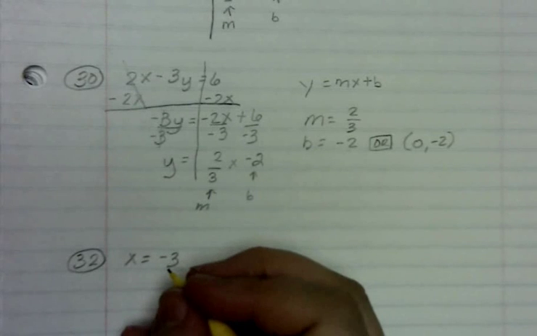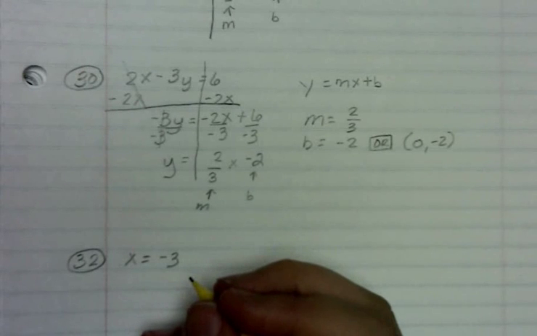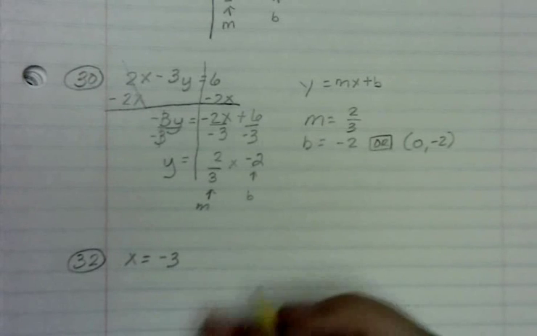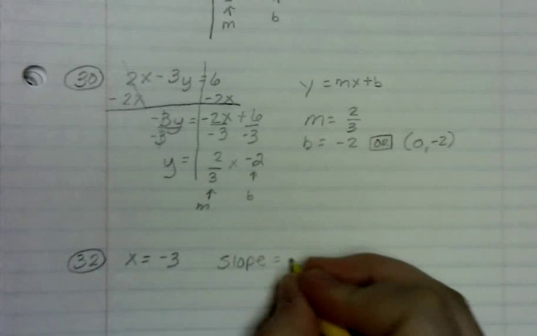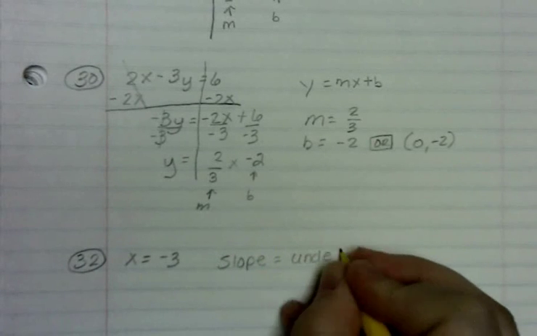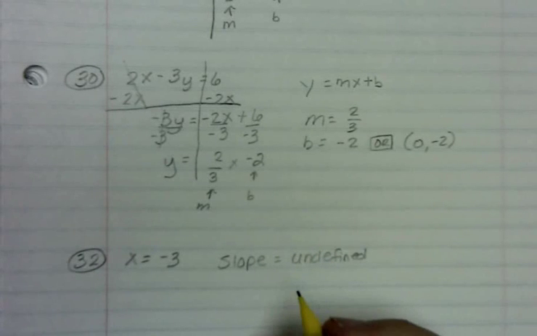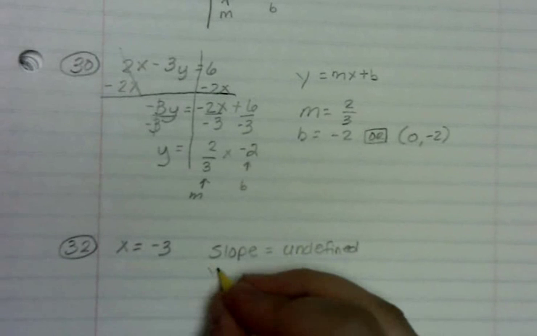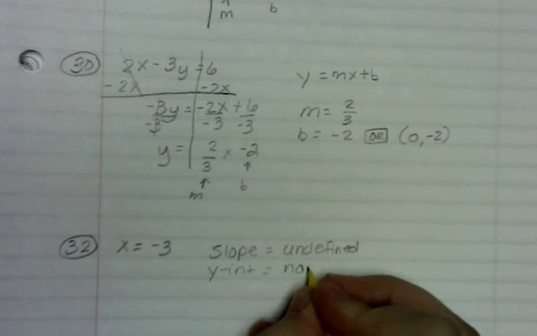However, we need to know that whenever we have x equals a number, your slope is always undefined. And you're never going to have a y-intercept, so we would write none.